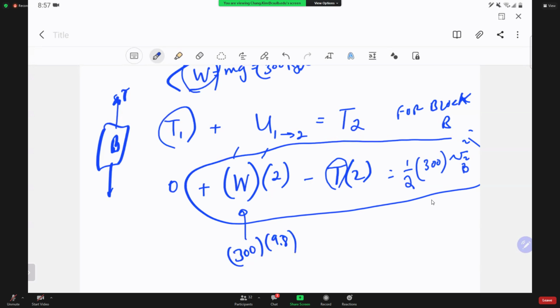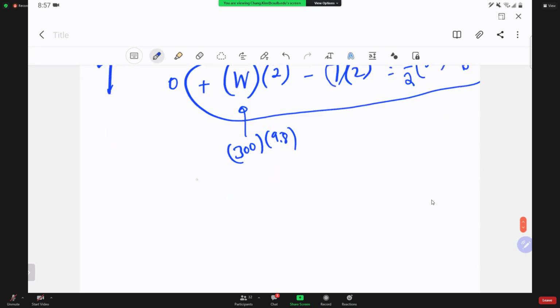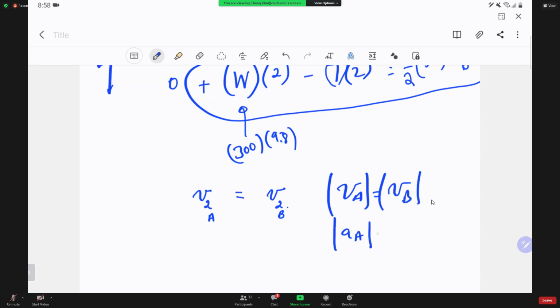And we know that the velocity at position 2 for block A has to be equal to the velocity of block B at position 2. In fact, the velocity of A is equal to the velocity of B, and the acceleration of A is equal to the acceleration of B. So it has a one-to-one relationship.